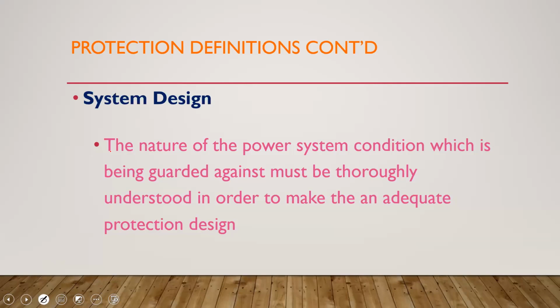A transformer connects two systems of different voltages. You have to appreciate the fact that that is what a transformer does. And so the protection that you apply will have to take that into consideration. So system design, understanding the system, is of critical importance for you to design a reliable protection system.